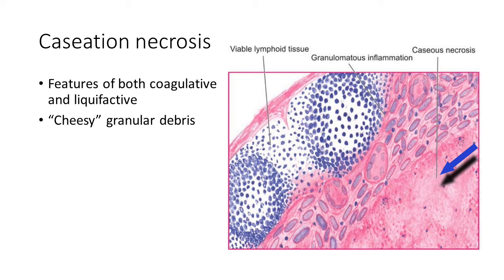The focus contains structureless eosinophilic material having scattered cheesy granular debris of disintegrated nuclei. And of course, it is surrounded by the granulomatous inflammatory reaction.